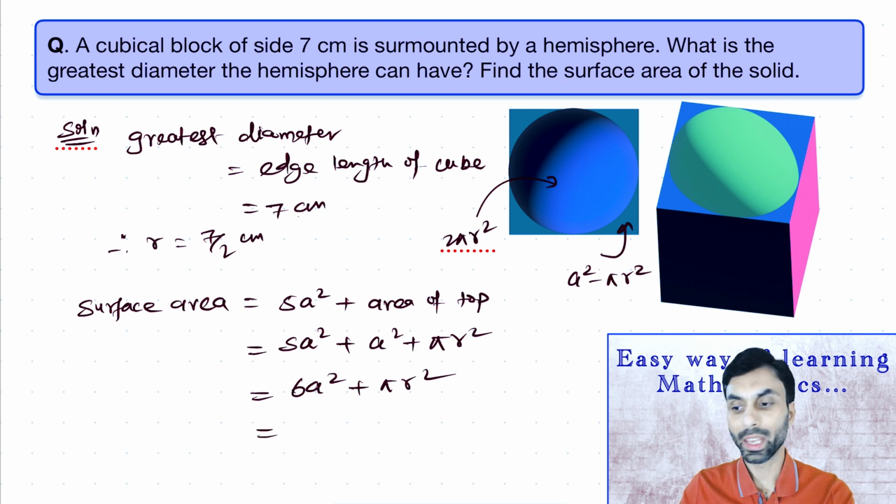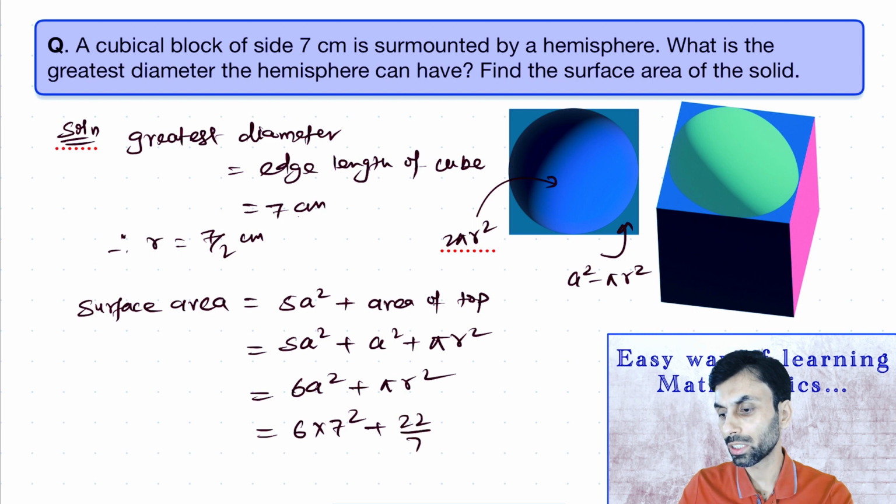As we know, a is 7 and r is 7 by 2. We can write here 6 into 7 square plus 22 upon 7 into 7 upon 2 into 7 upon 2. Here 7 will get cancelled, 2 we can cancel it 11 times.